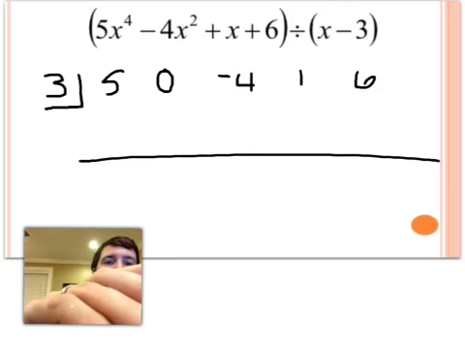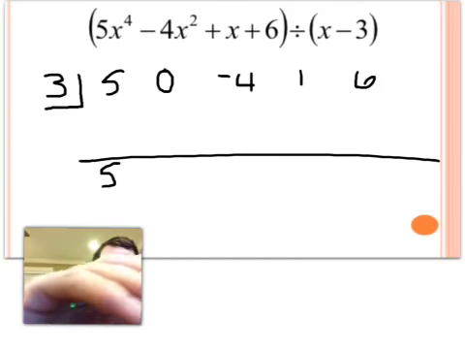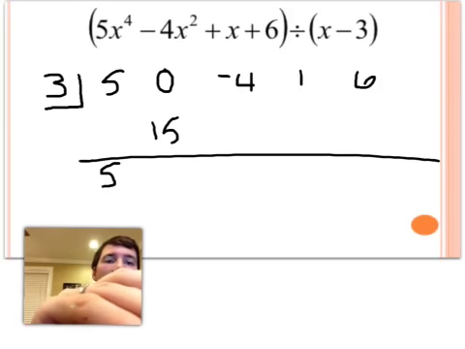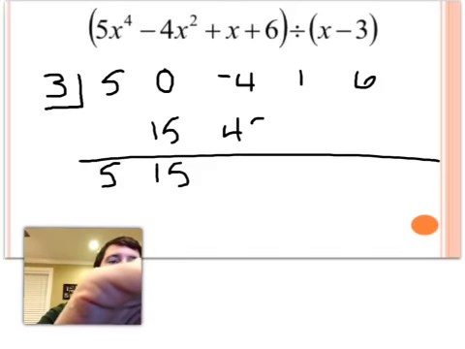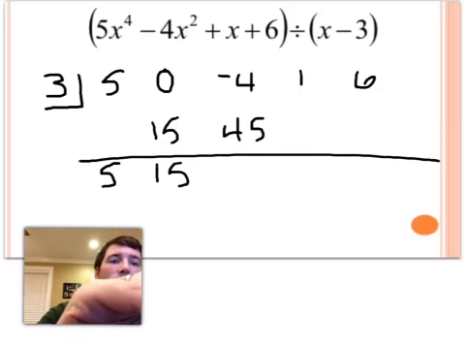So again, I bring my 5 down. 5 times the 3 is a positive 15. 0 plus 15 is 15. 15 times 3 is 45. Negative 4 plus 45 is actually just 41.